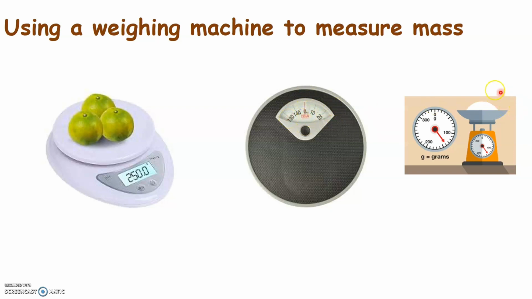So as we keep an object on this weighing scale, this needle that is pointing towards 0 now will move and it will point towards another mark. So to that mark to which the needle is pointing, that is considered to be the mass of the object. So this was how we used to measure mass of objects with the help of a weighing scale like this.